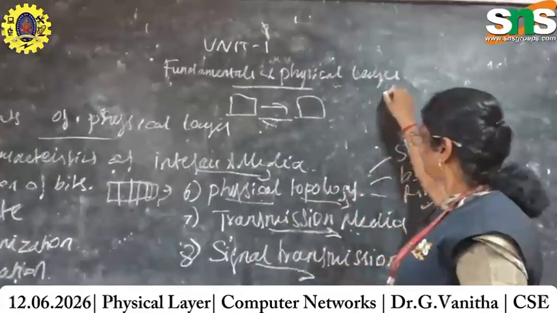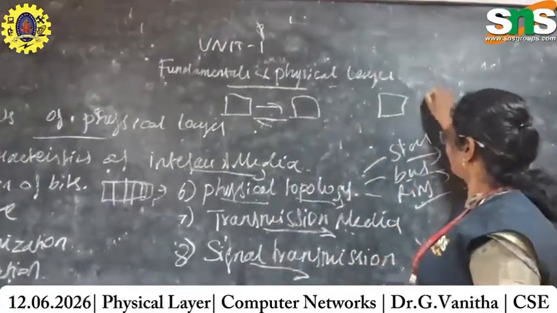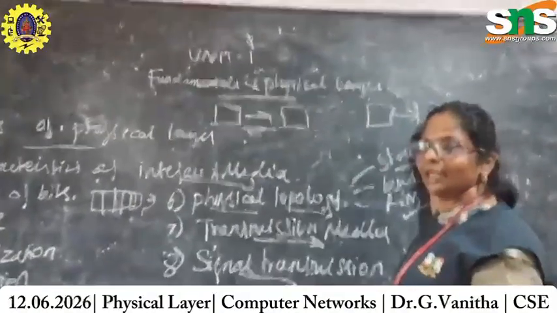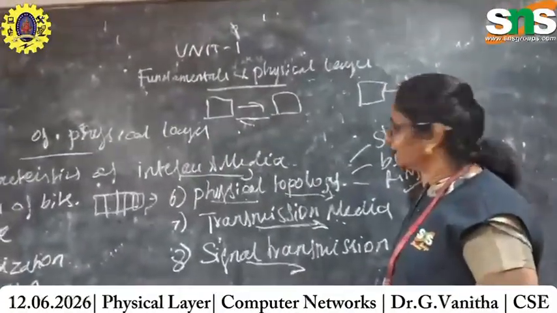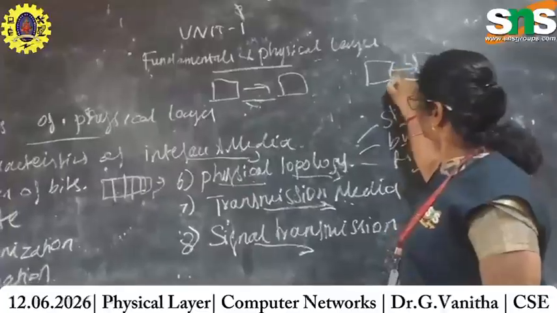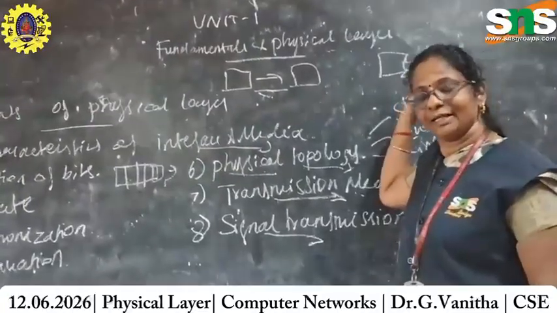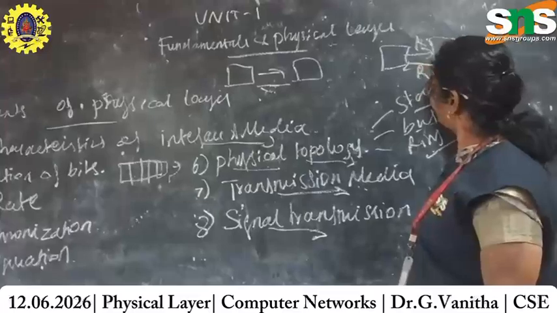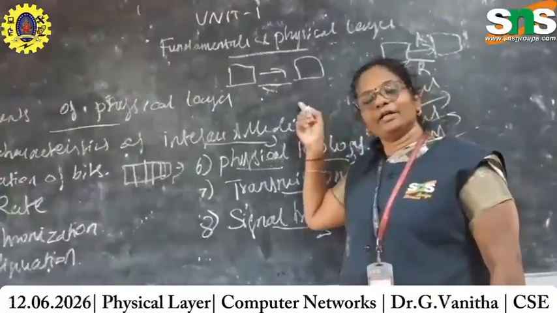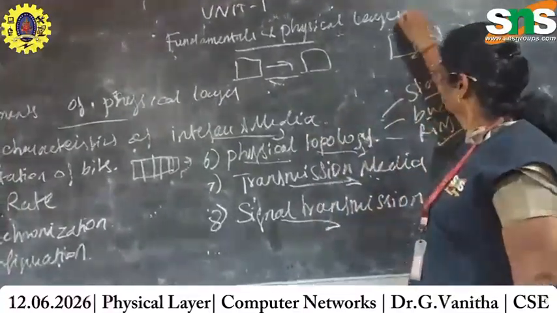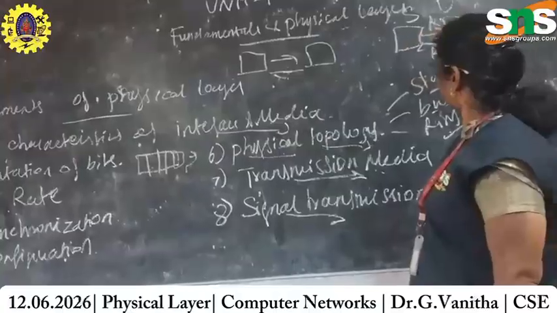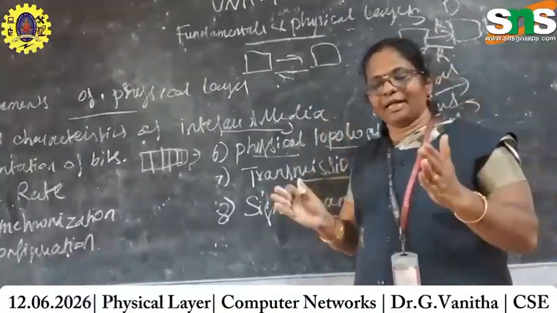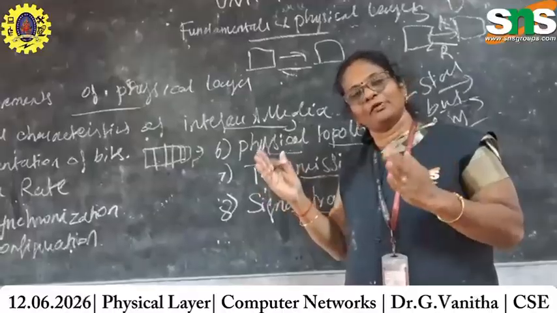If you are taking a phone call, first we have to send the signals from the source to the destination. Then from the destination to the source, it will transfer the response signal. So first we send the request, then it sends the response. When we are transferring data, first we have to establish the connection between the source and destination.